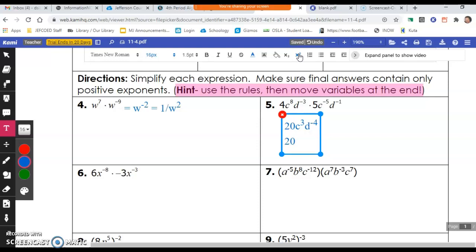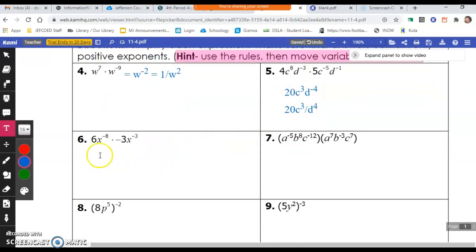So that's going to be 20 c to the 3rd over d to the 4th. Are we good there?